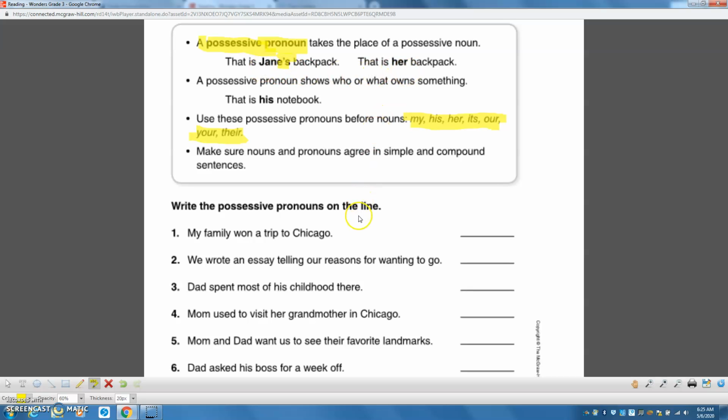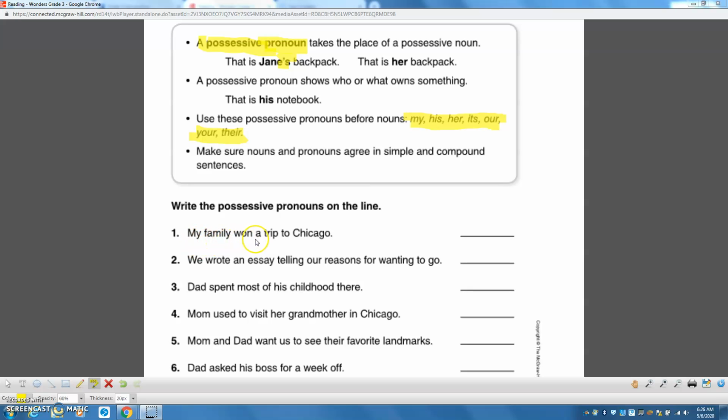So let's take a look in our sentences. Okay, we're going to take our first sentence. My family won a trip to Chicago. So looking at this sentence, we're going to find the possessive pronoun in the sentence.